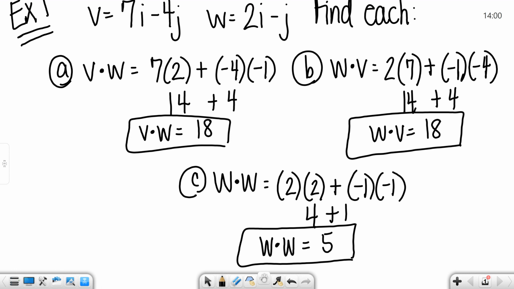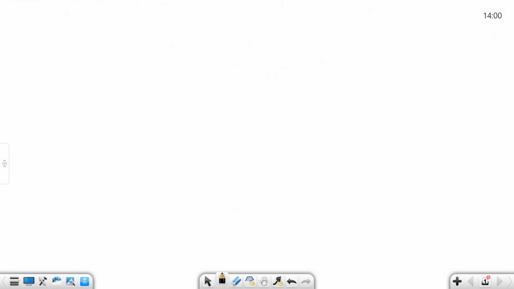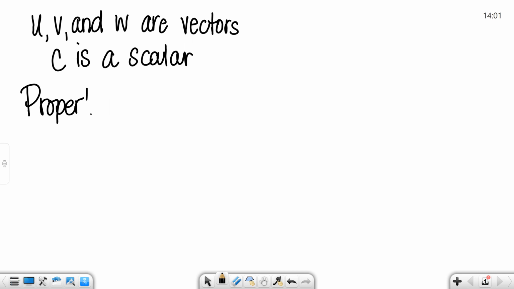Now with dot product, let's talk about the properties that are involved. If we have U, V, and W are all vectors, and C is a scalar, which is just a number, our properties would say things that you can do with dot products.